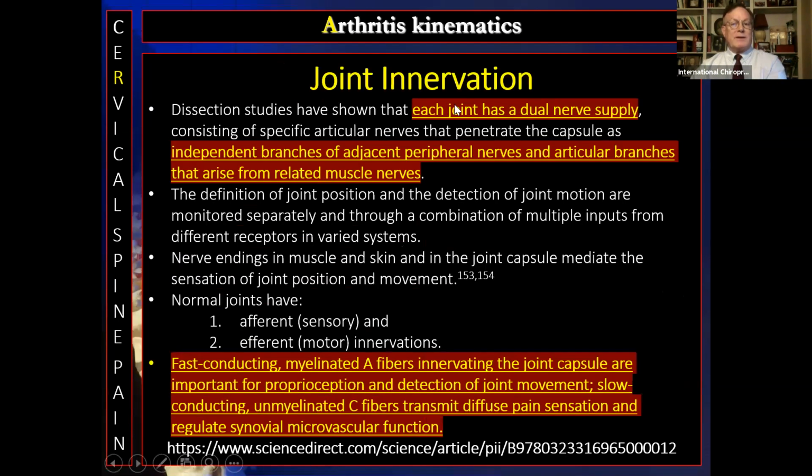Okay, joint innervation. Each joint has a dual nerve supply: independent branches of the adjacent peripheral nerves, and articular branches arising from the related muscle nerves. If you remember, John Hilton in 1863 stated that all joints are controlled by their innervation.